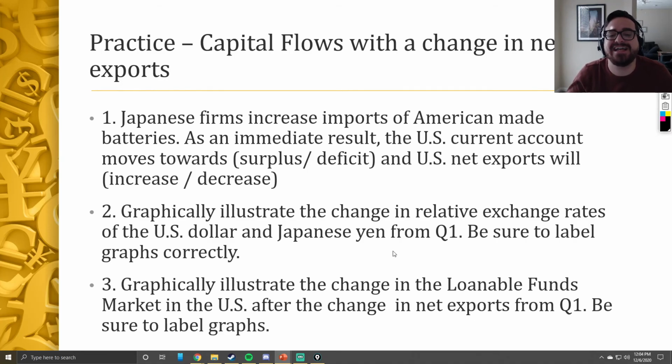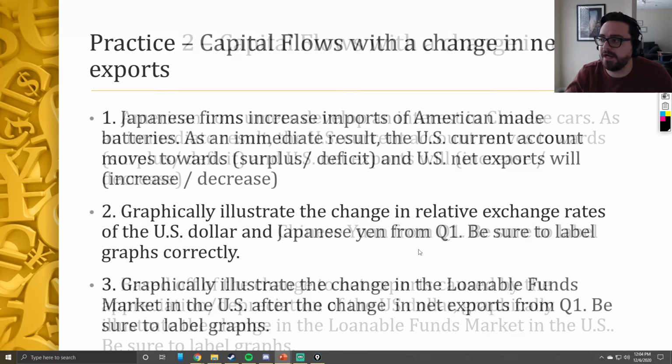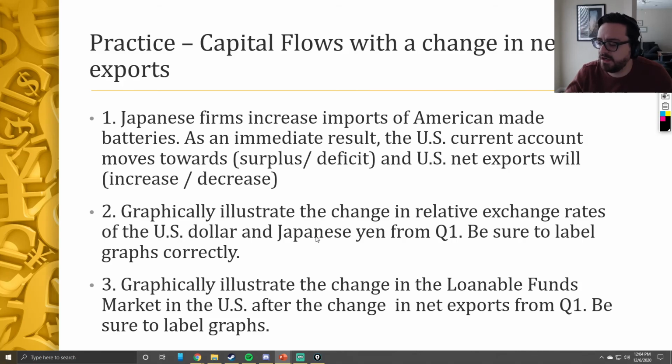So if this question had instead asked, draw a loanable funds market graph after the change in net exports as a result of the change in the value of the currency, I've got to think: the US dollar appreciated, imports are going up, exports are going down, so capital will actually start flowing out of the United States and the supply of loanable funds will start to decrease.